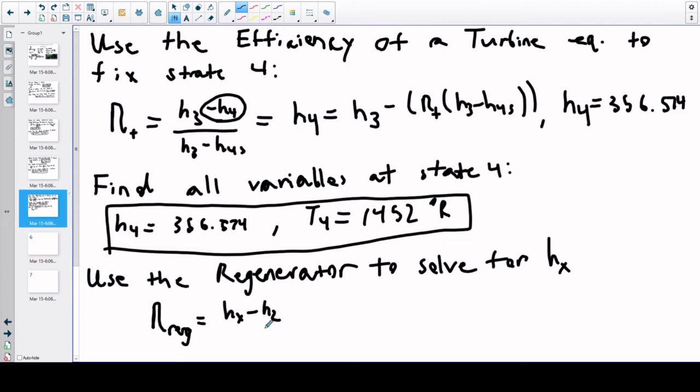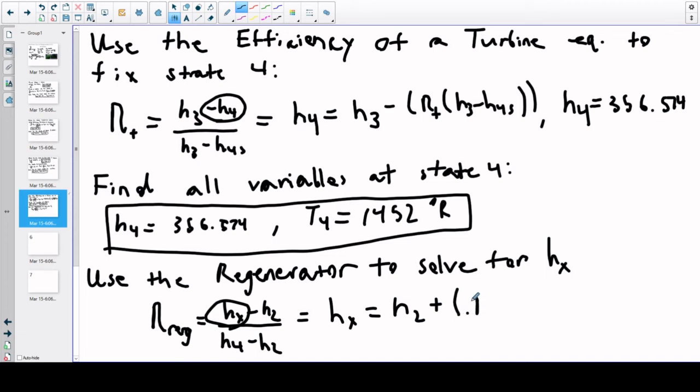So this is the regenerator efficiency equation, which is Hx minus H2 divided by H4 minus H2. What that means is basically the heat gained between X and 2, divided by the difference between the hottest and the coldest part of it.